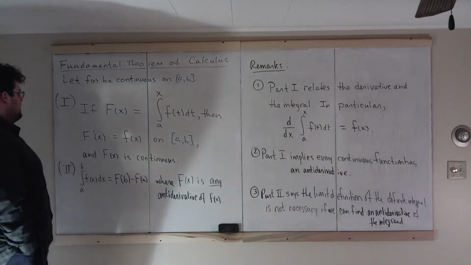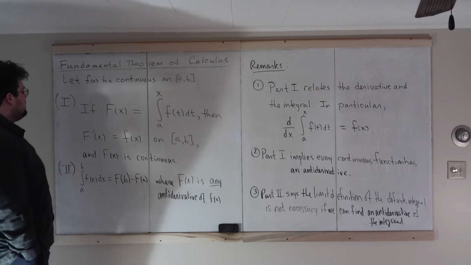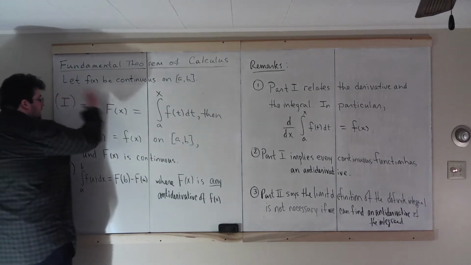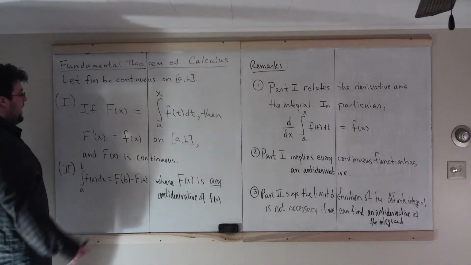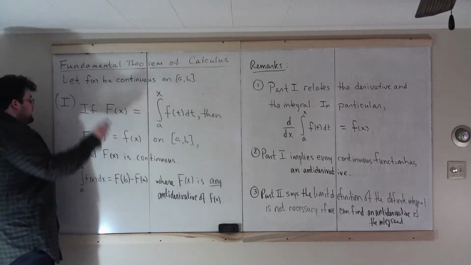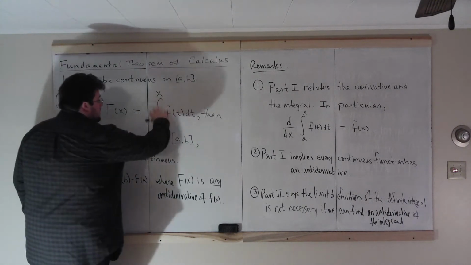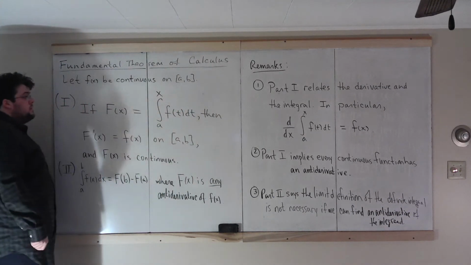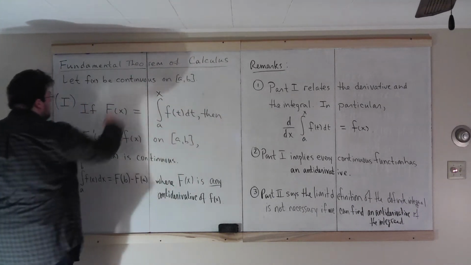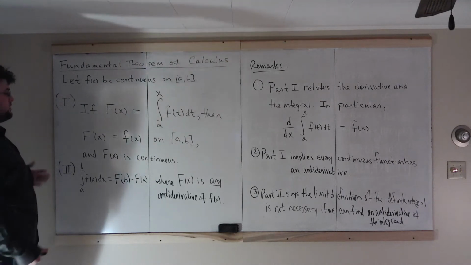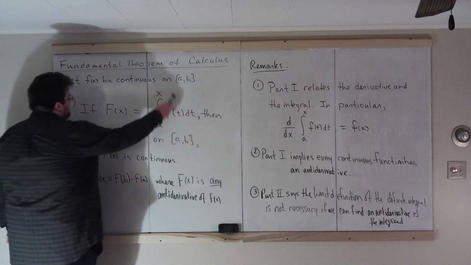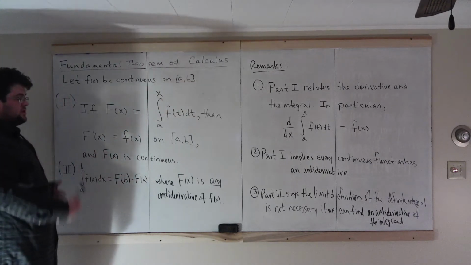So right there we have a result. If capital F is defined to be this function that gives us an area, then its derivative is this inside function of x. And in our computations we'll see more what happens if it's not just an x.